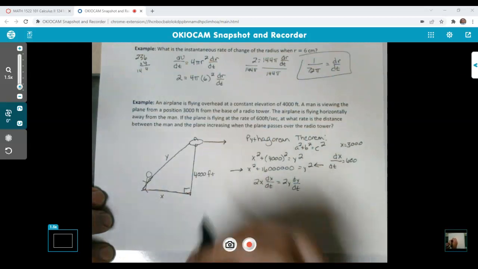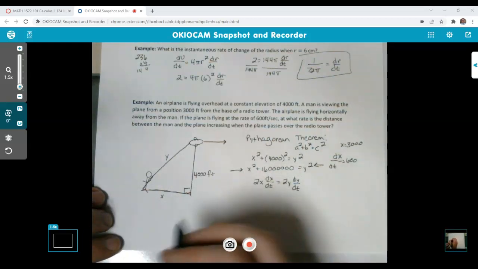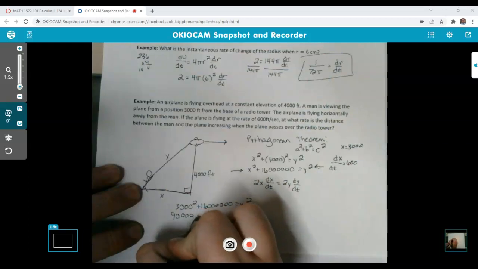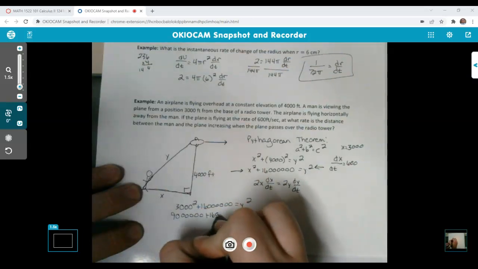So at this specific point, we know x is 3,000. So 3,000 squared plus 16 million, I think is what that number is, equals y squared. And I can solve this for the y. So I know 3,000 squared is going to be 9 million plus 16 million.